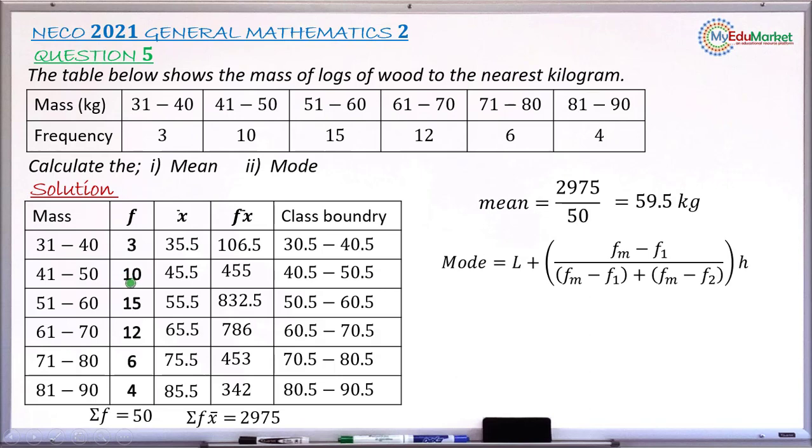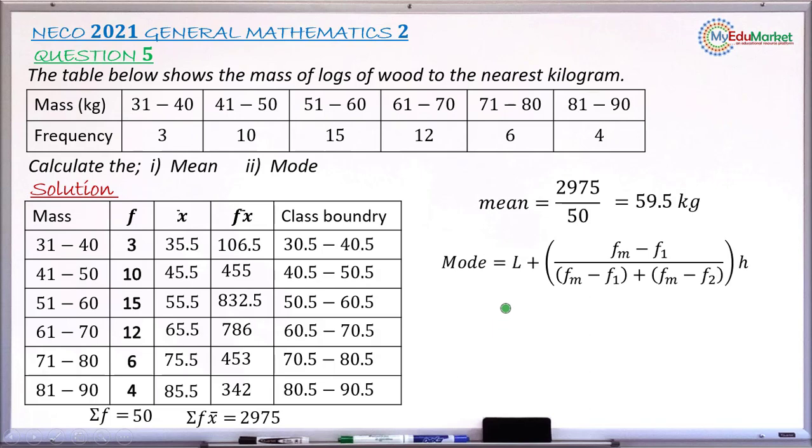So this 10 will be your F1, while F2 is the frequency of the class interval just after the modal class. That class interval is 60.5 to 70.5, and its frequency is 12. So 12 will be your F2, while L is the lower limit of your modal class. The modal class is 50.5 to 60.5, so its lower limit, L, is 50.5. And H is the width of the class interval, which in this case is 10.